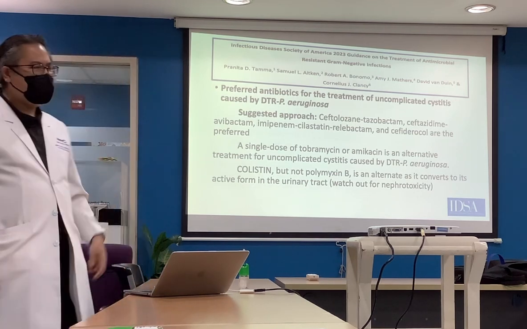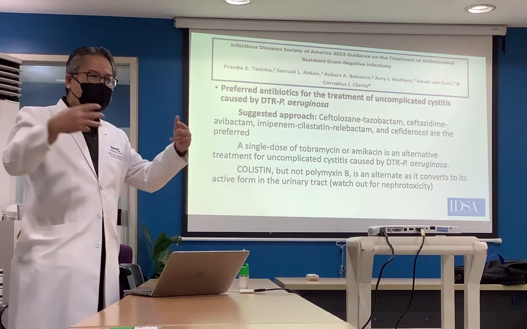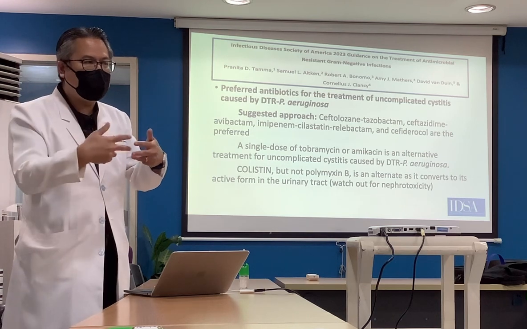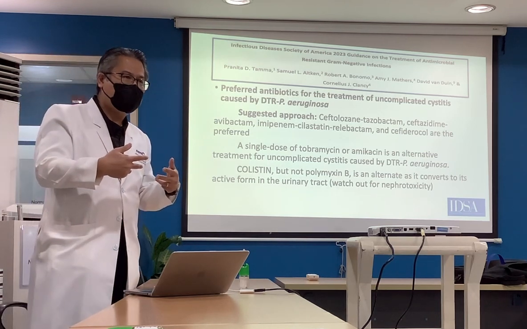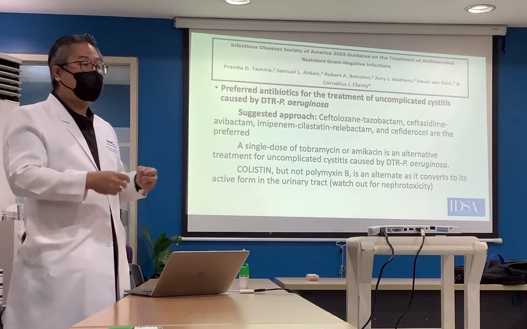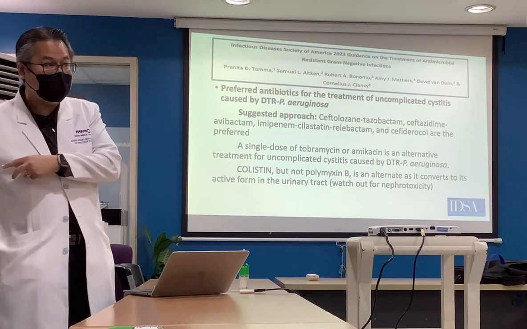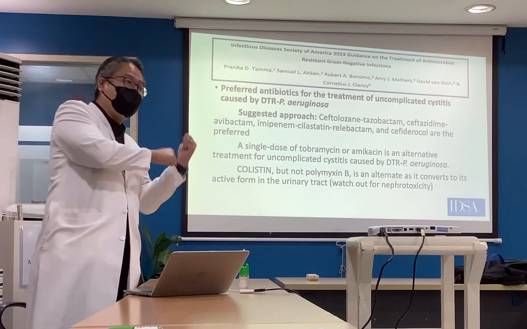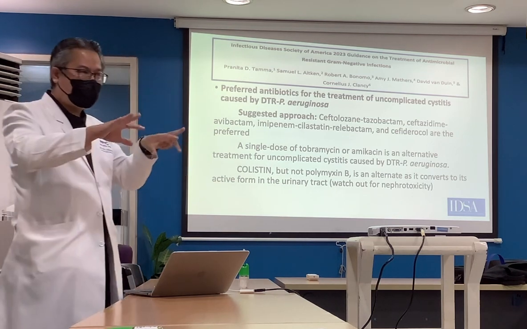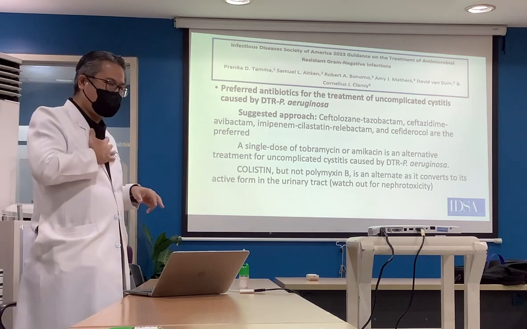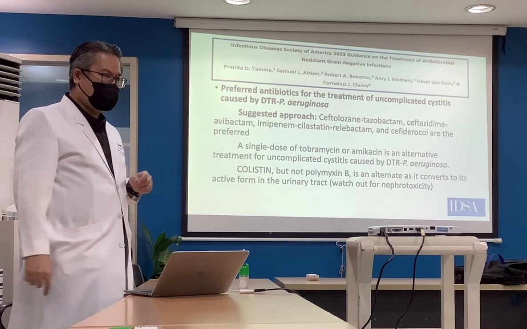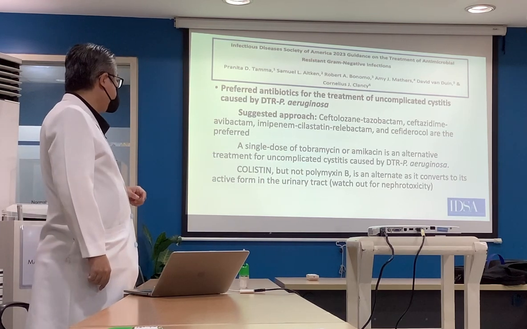No? I think this guidance kinda is not in sync with our local guidelines. Iba sa local guidelines natin, pag difficult to treat organism, nagiging complicated na siya. Sa kanila hindi. Okay. So yun, medyo may konting difference sa guidelines, local guidelines, and the IDSA's. Okay?